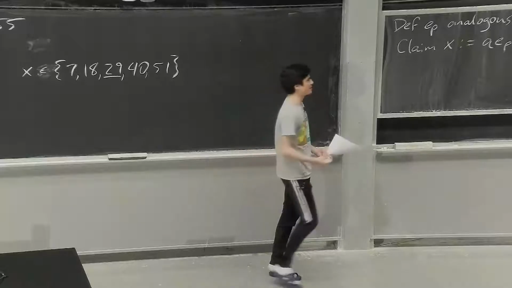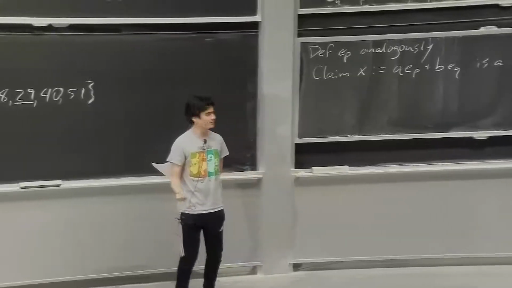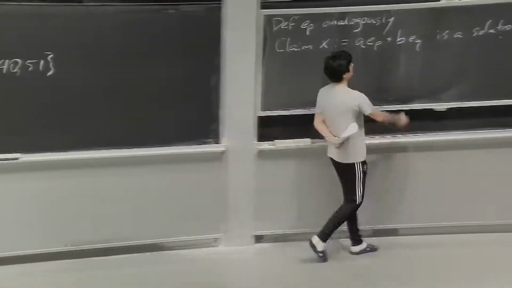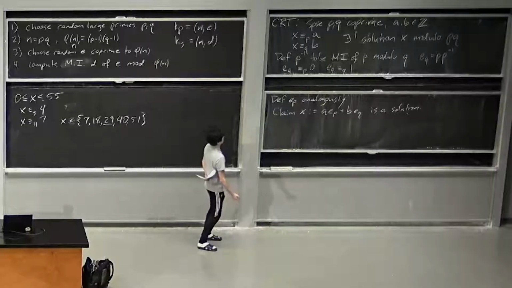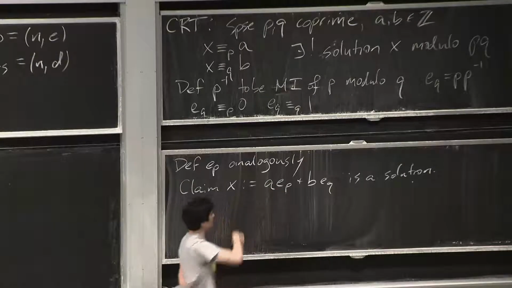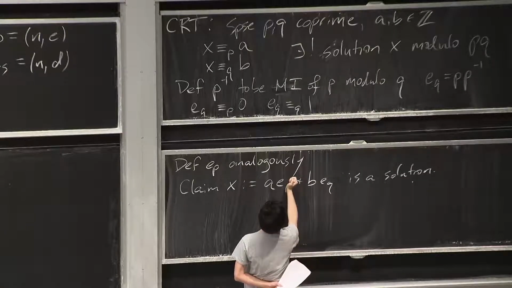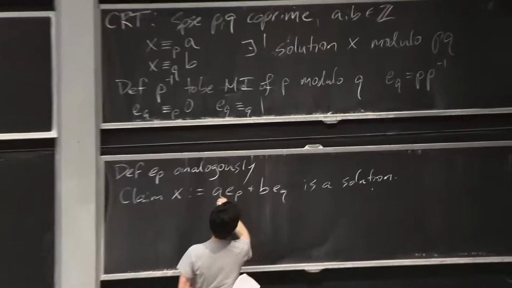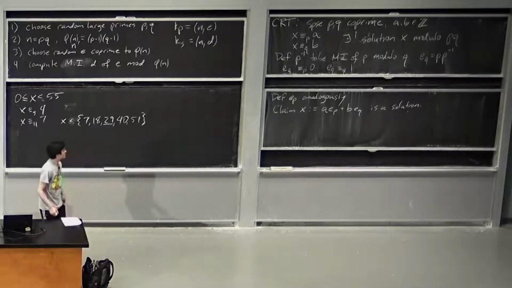Modulo Q, it's exactly the opposite. This term goes away because EP was defined to be a multiple of Q. So EP is a multiple of Q, and the A term goes away.